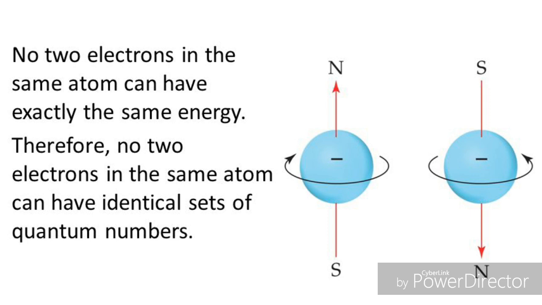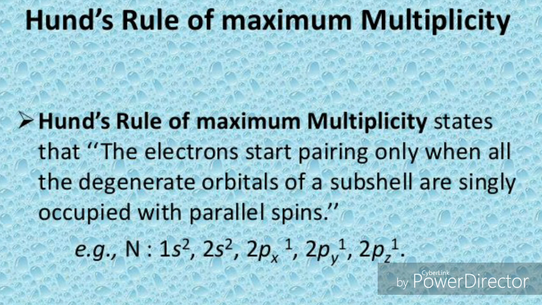So based on this principle, the last one, spin quantum number, may change. In case of one electron, it is plus half, and in case of another electron, it is minus half. Here you can see that representation of spin quantum number.